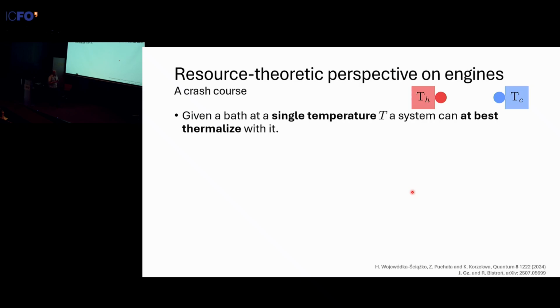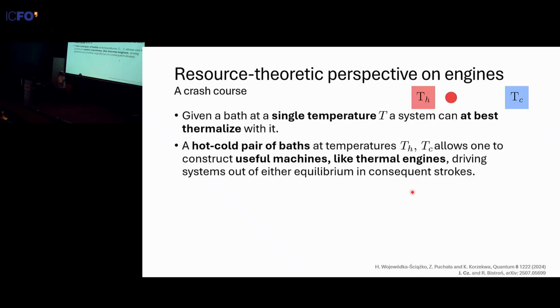Now, the resource-theoretical perspective on engines was first introduced by Wojewódka, Ściążko, Puchała, and Korzekwa, and we, with Rafał Bistroń, tried to further formalize the setting. So with a single bath, at best you can just thermalize, as you can see above. However, as soon as we introduce another bath, when we are thinking about thermal engines, we are able to construct useful machines, coolers, thermal engines, and extract benefits out of them, which are not necessarily monotones under either of the theories.